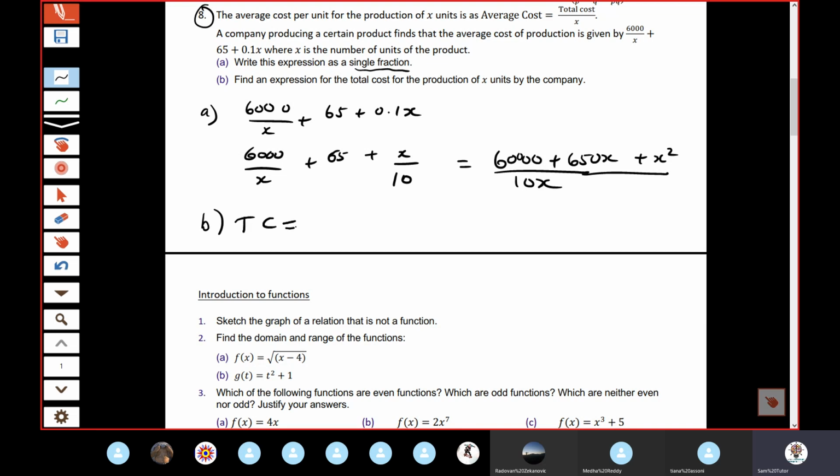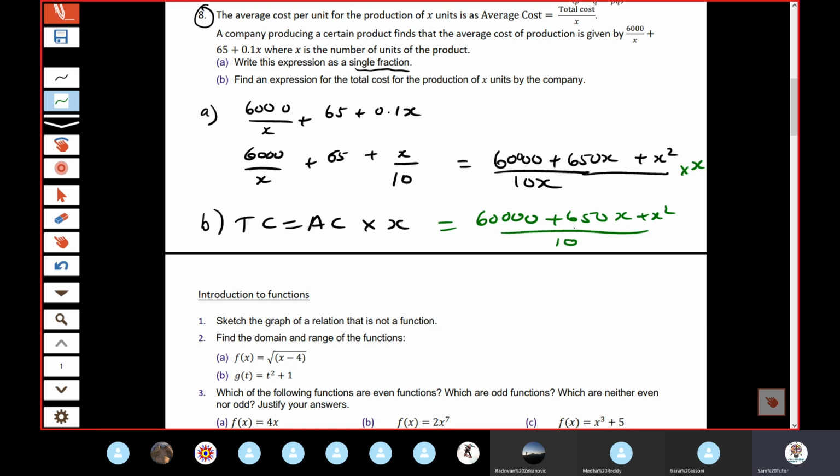So total cost is equal to average cost times x. Correct? Very easy. Just times this by x. What's the answer? X's cancel out. 60,000 plus 650x plus x squared on 10.